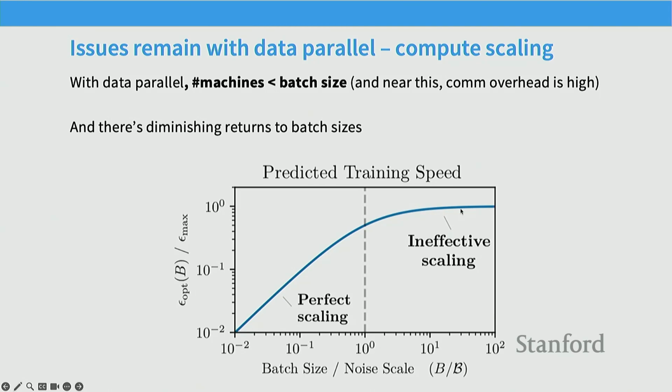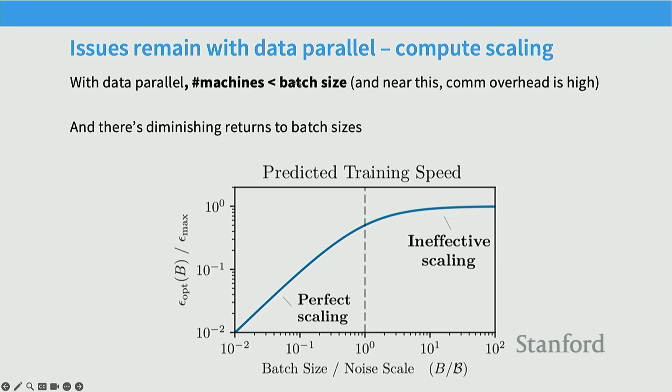OpenAI has a really nice one on something called critical batch sizes, where they argue that past a certain point, you have very rapid diminishing returns in how much each example is contributing to your ability to optimize. The intuition is that below a certain point, you have a lot of gradient noise, and reducing that is very valuable. But at a certain point, you're fundamentally limited by the number of gradient steps you're taking rather than variance reduction.